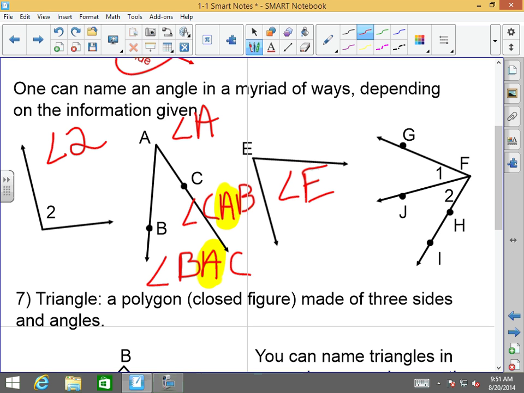Okay, we have here GFH. That's the major angle, right? But there's a lot of different angles here, believe it or not.